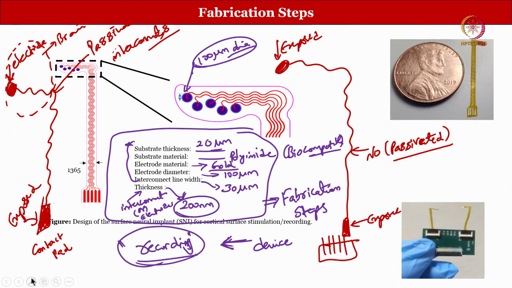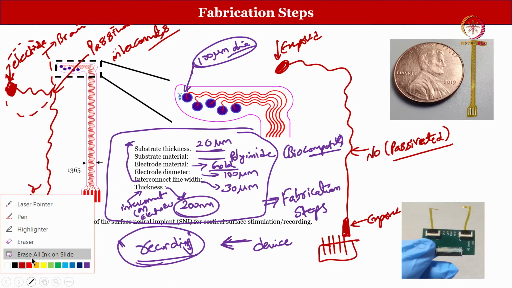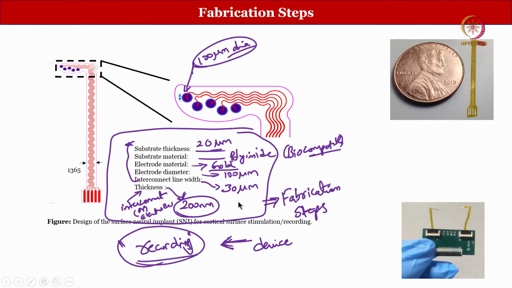Okay, let me erase all these things. I have established most of the conditions of designing it. The base material, the substrate, is going to be polyimide. If I draw the side view, the base material is polyimide.